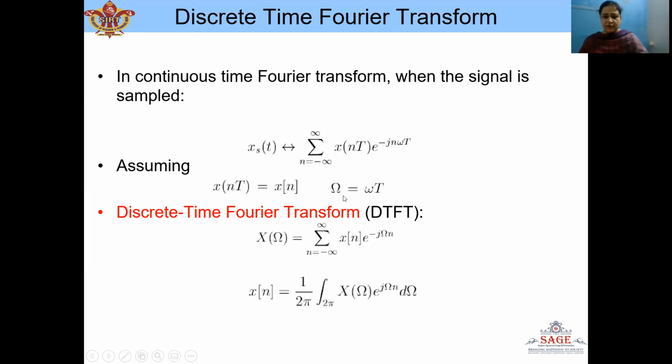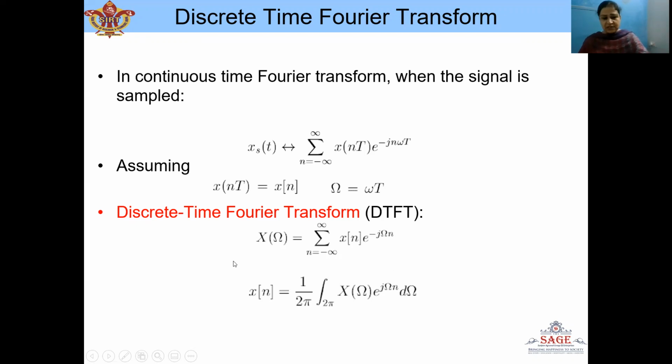Now this analog frequency is given by omega into T. So the discrete time Fourier transform X(Omega) is represented by summation n equal to minus infinity to infinity x[n] e to the power minus j Omega n. Here we have represented omega into T by Omega.